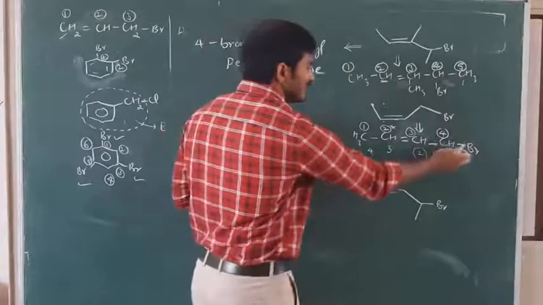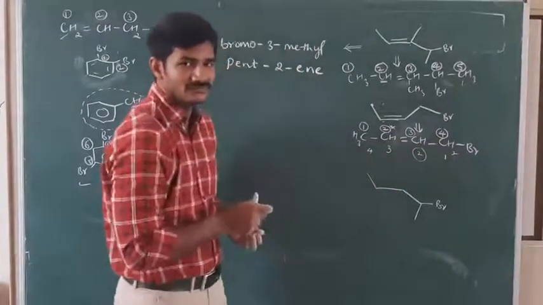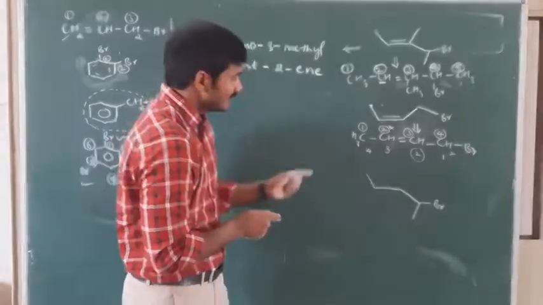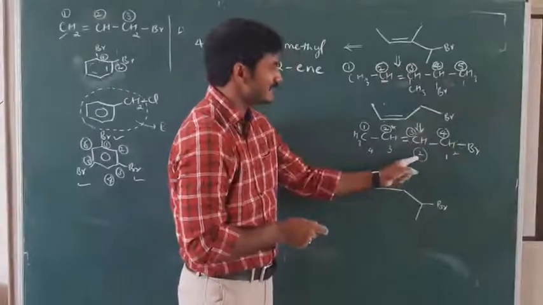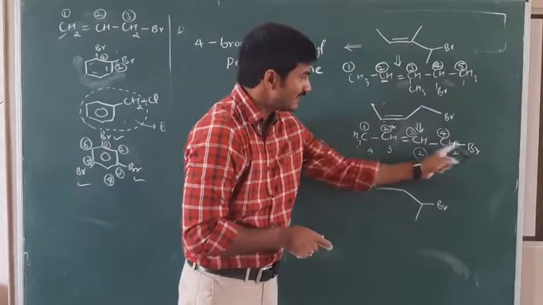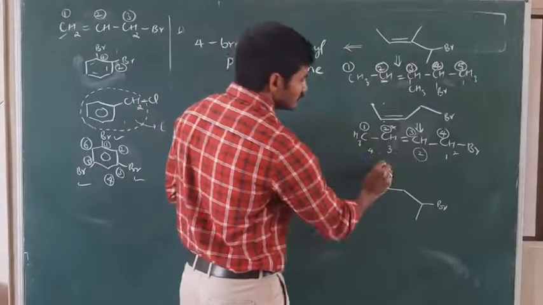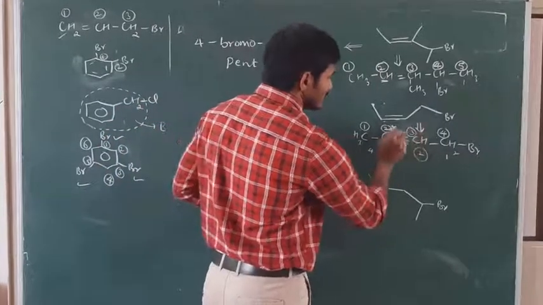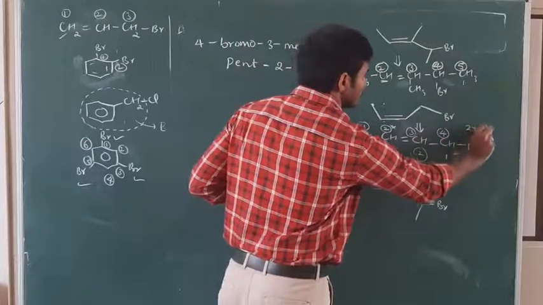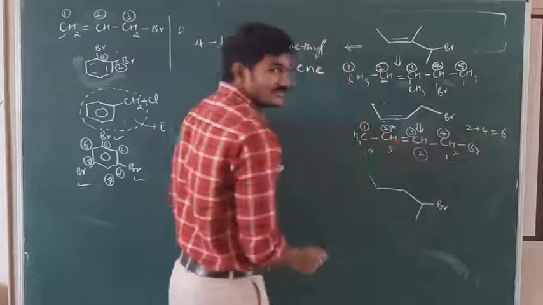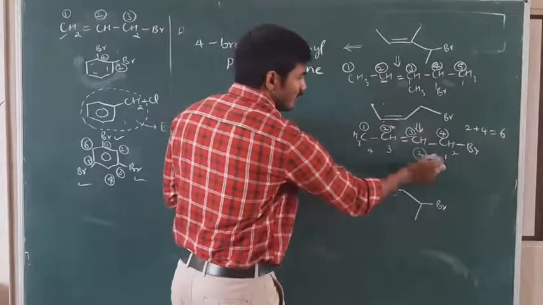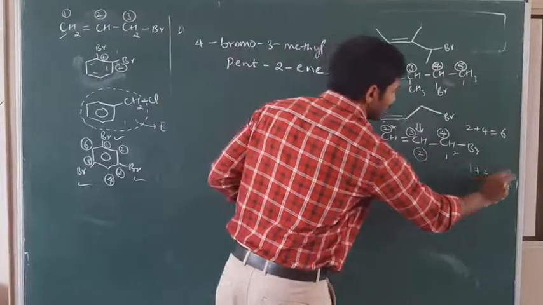But the bromine-containing carbon gets 4 in one direction. In the other, the double bond carbon gets second numbering and the bromine-containing carbon gets first numbering. So you can follow the lowest sum rule. This way, second carbon and fourth carbon, 2 plus 4, we get 6. If I give it this way, 1 plus 2, we get 3.